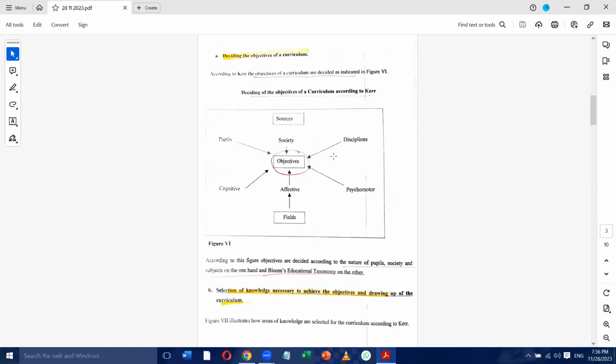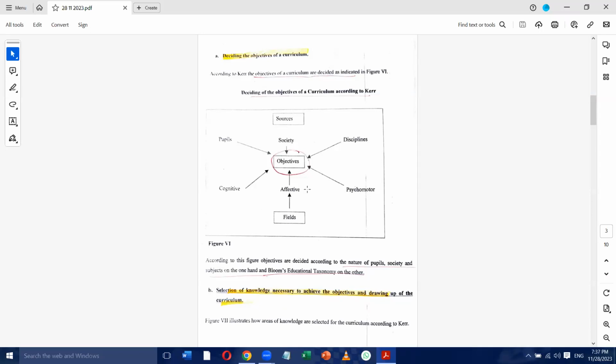Then the disciplines. In another word, you can say the subjects or the titles or anything like that. Then the psychomotor, it is very important. When you speak about psychology, there are psychomotor, affective and cognitive fields, right?